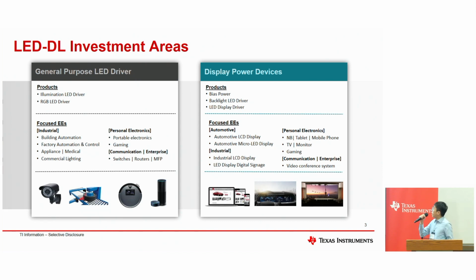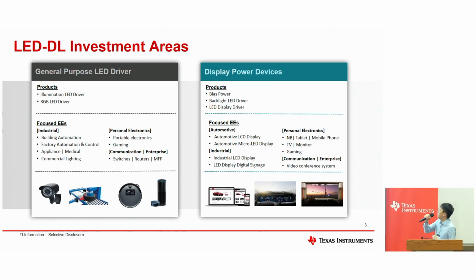On the right-hand side, we call it the display power devices, or DPD. Under this, we not only have the backlight LED driver for TV or screen size designs, we also have the bias power to support the positive and negative power rails for the LCD, like the flip-flop.